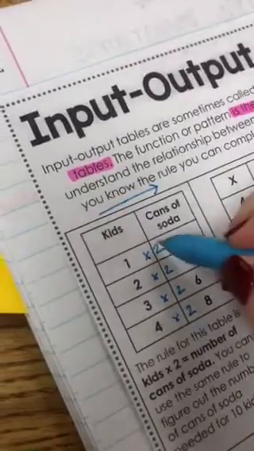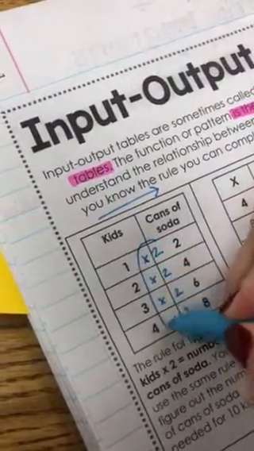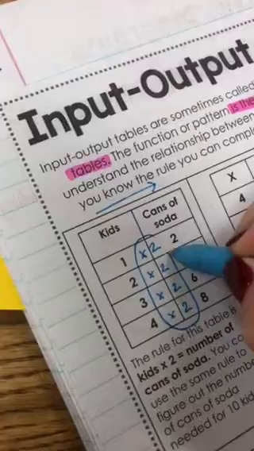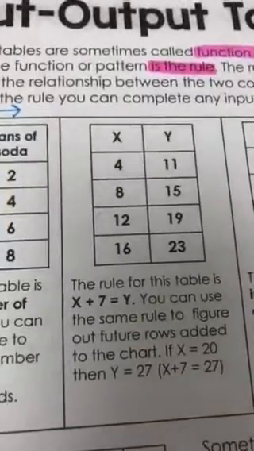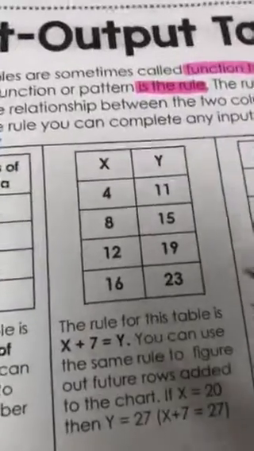So all of the rules are the same. Okay, so your rule is times 2.